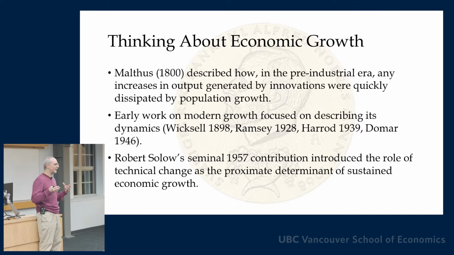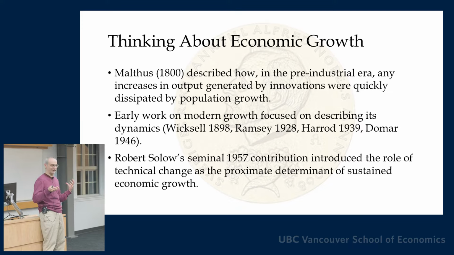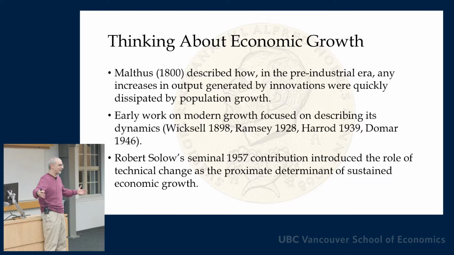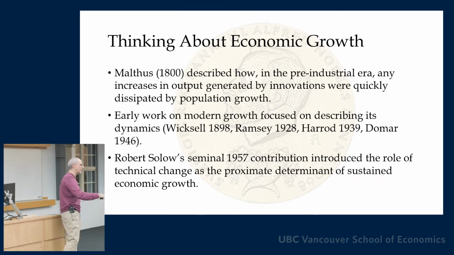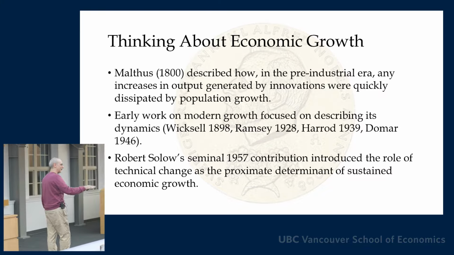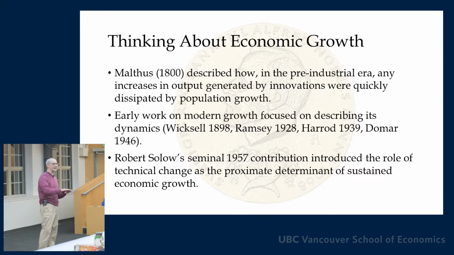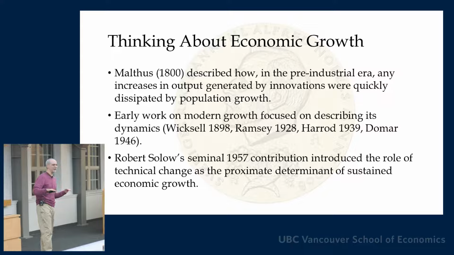And what people do when they eat and live longer is they have more kids. And that increases the population, and that reduces the income per capita. And so we are always stuck in this low income per capita situation. This goes on until there's just barely enough for everyone to survive.